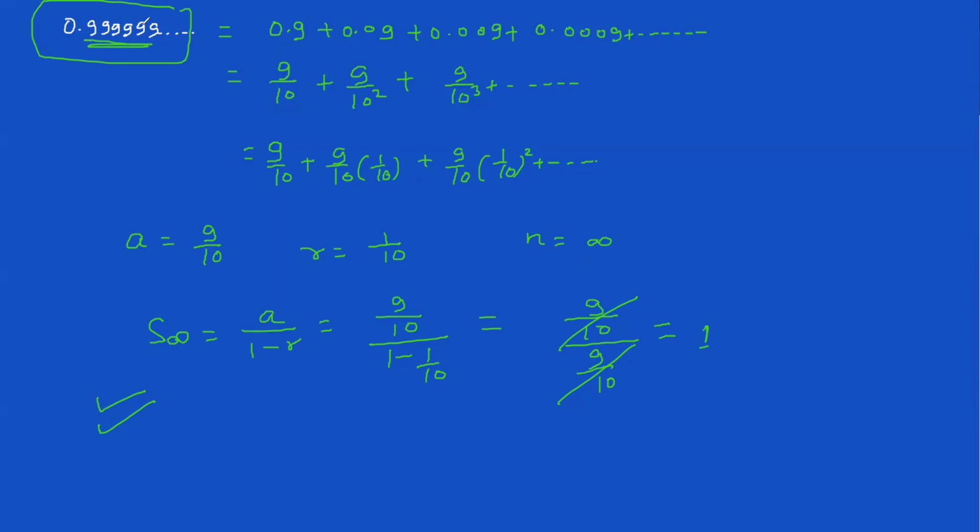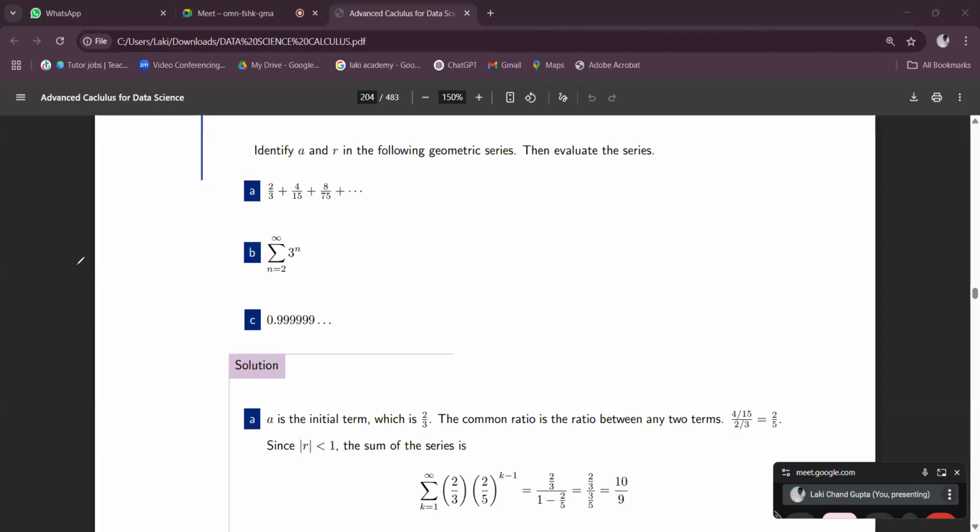Okay, understood? Okay. What about this? If I say 0.3333, so you can write 3 over 10, 3 over 10 square, right? So A is what?